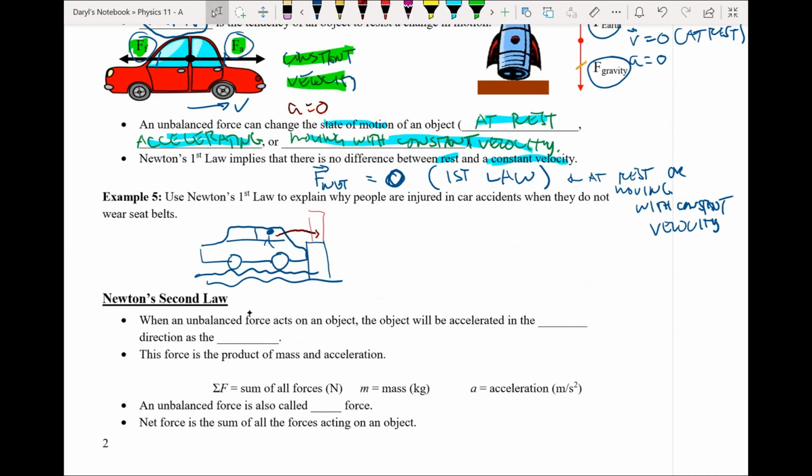Okay, so let's move on to the second one. So the second Newton's law. Sometimes books call this one the law of force and acceleration.